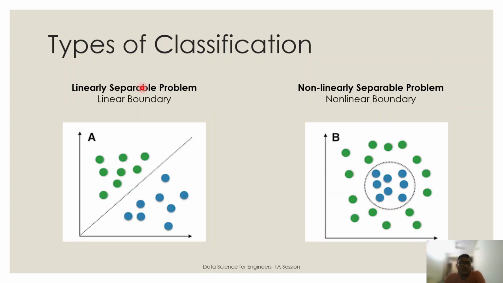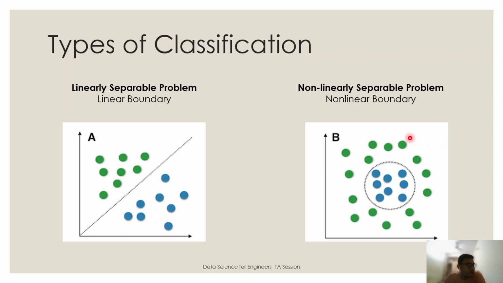Moving on, another way to classify is based upon the decision boundary. I already told you the decision boundary is responsible for dividing the data. These are blue points and these are green points. The diagonal line you see divides this into two portions, but this is ideal data.